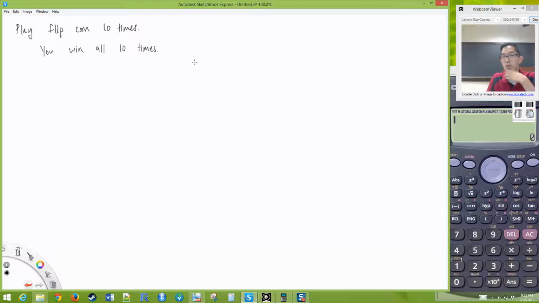Now, again, for each game, you should win with probability equal to 0.5. But you won all 10 times. And so your friend again says, or opponent says, you are cheating.